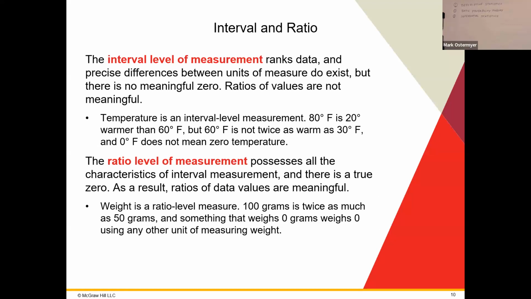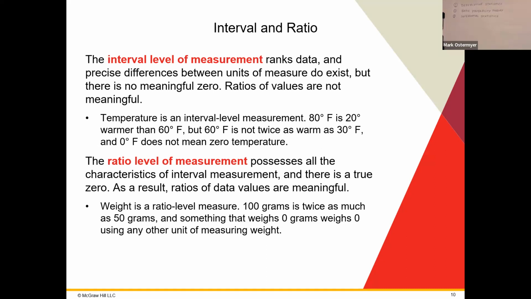And unlike the interval level of measurement, weights would actually have an absolute zero value, meaning 0 pounds would be the absolute zero or the minimum value that any weight could ever achieve. Does that make sense? So do we see the difference between interval versus ratio? The main difference is what? Interval does not have an absolute zero value, but ratio does.